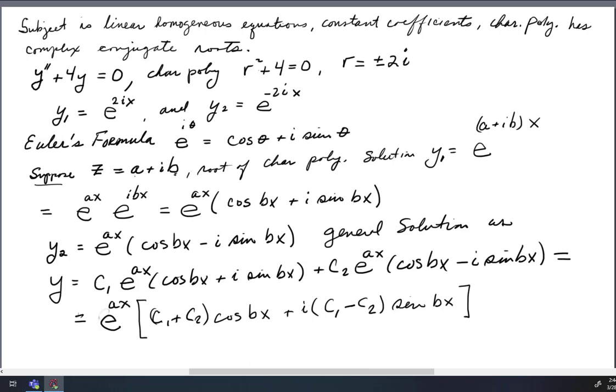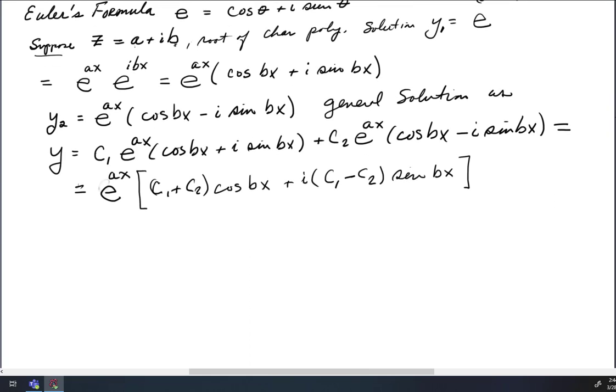And that would be for arbitrary constants c1 and c2.